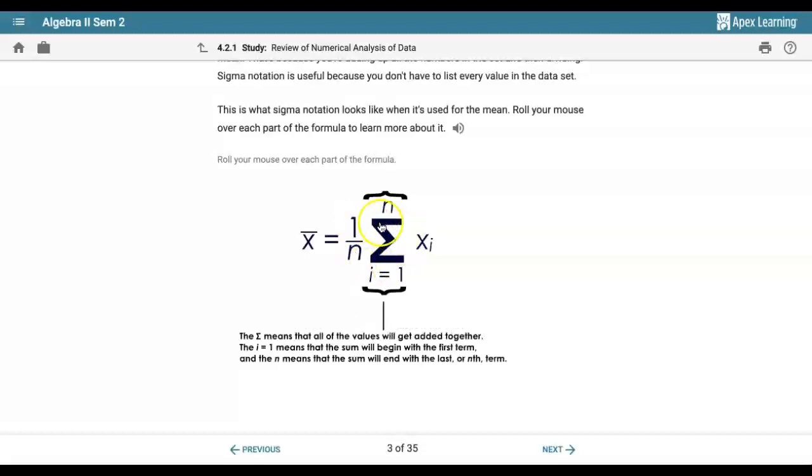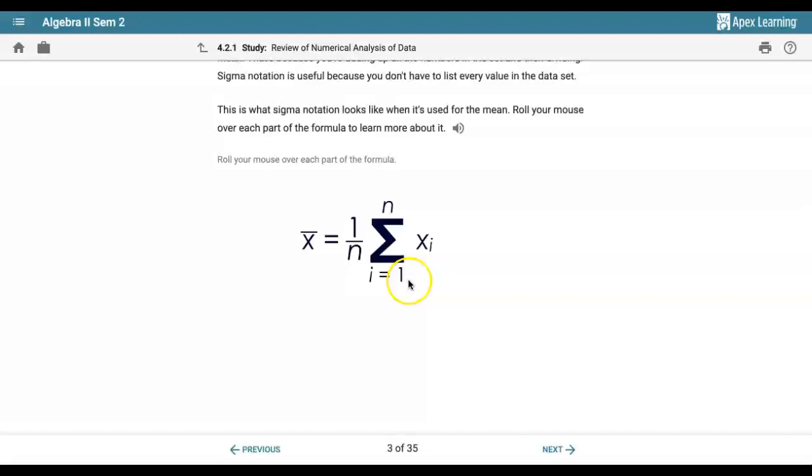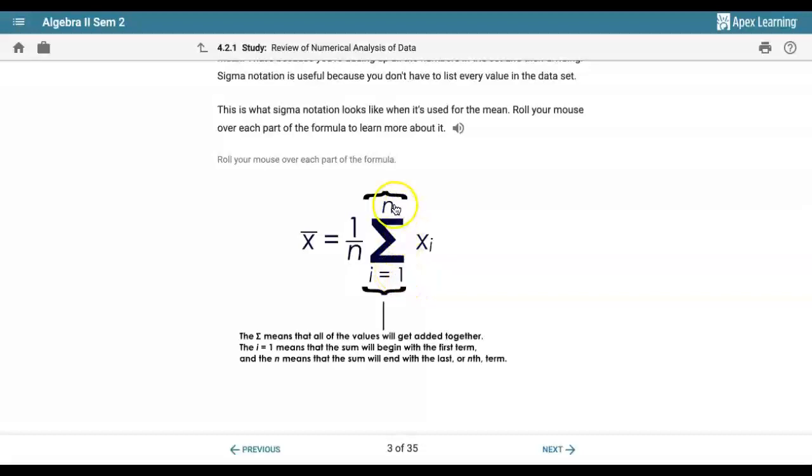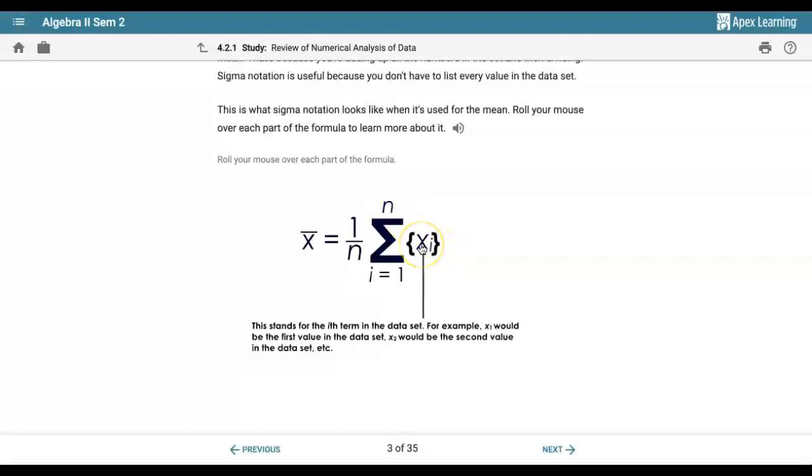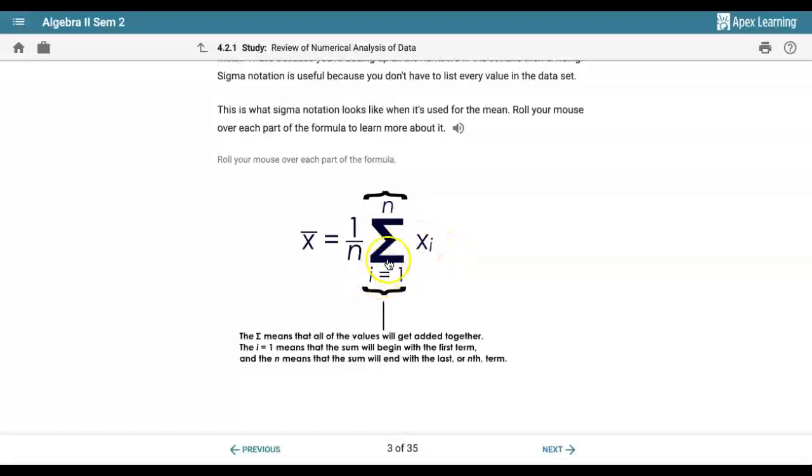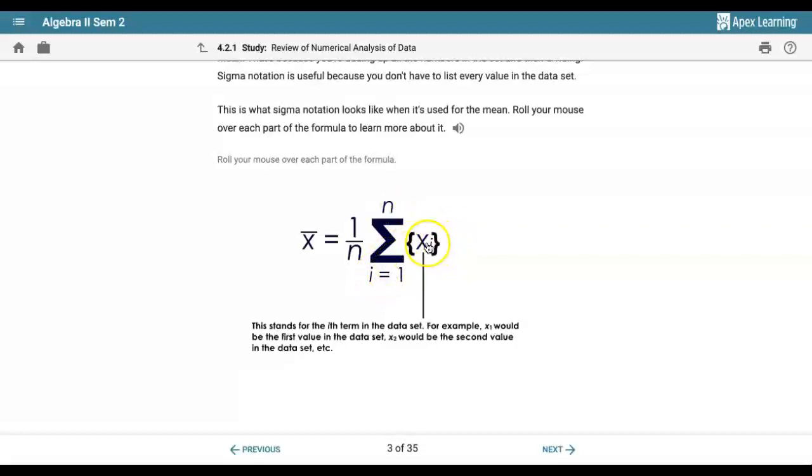So you're going to add together different points here. We start with i at the bottom, so i starts at 1, and we go all the way up to whatever value n is. So if we're going for 5 values, we put a 5 there. What this is saying is x of i. Remember we talked about it, x of i, so this would be x1.